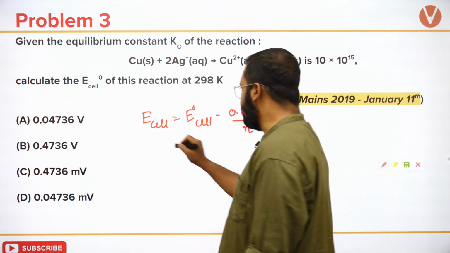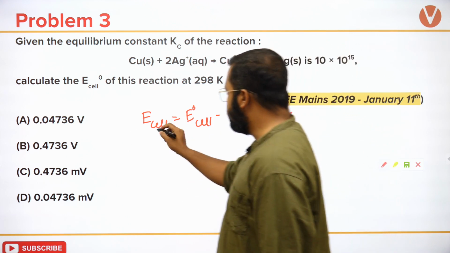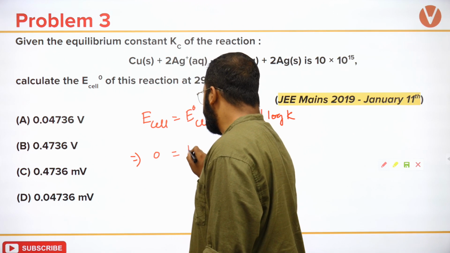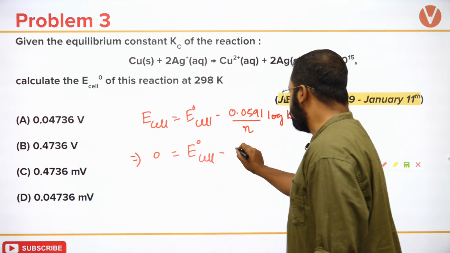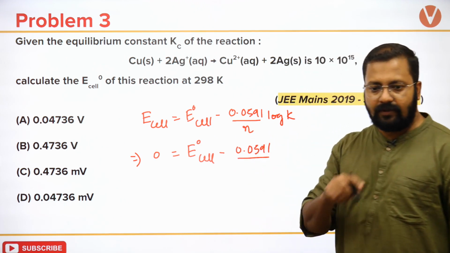Okay, log k. Now if the reaction is taking place at equilibrium, E cell becomes equal to 0. E naught cell मुझे calculate करना है, and 0.0591. What is the value of n?